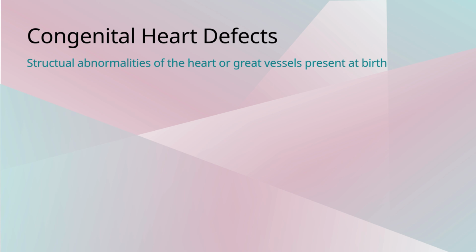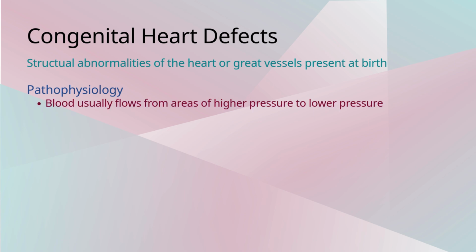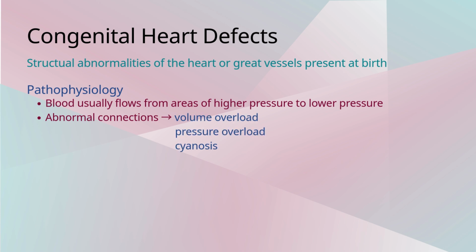Now, if you remember some basic physiology, it's important to remember that blood is always going to flow from an area of higher pressure to lower pressure, right? That's just basic physics. So if these connections are abnormal, whether there's a defect in the wall of the heart or a valve issue, it can create dysfunction that can lead to things like volume overload, pressure overload, and even cyanosis if oxygen is unable to be circulated.